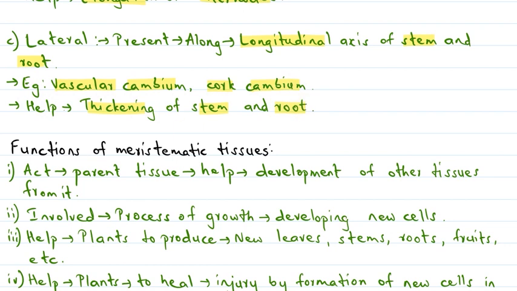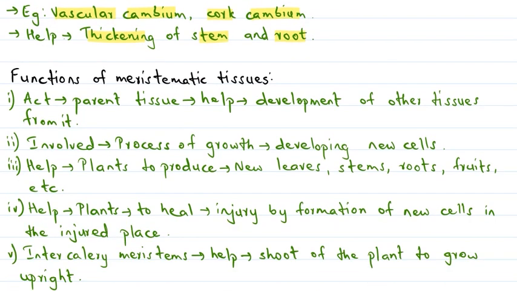Then we discussed the functions of meristematic tissues. These meristematic tissues act as parent tissue and help in the development of other tissues from them. Then these tissues are involved in the process of growth by developing new cells.